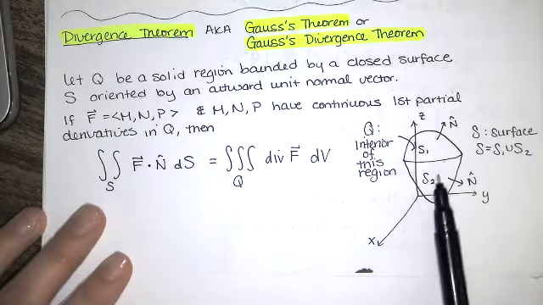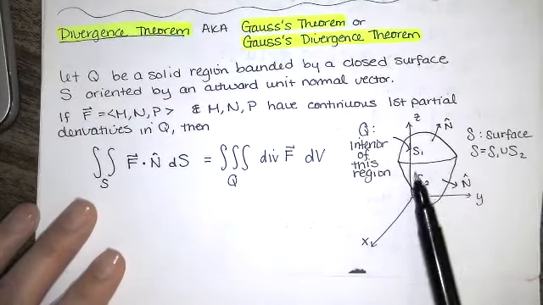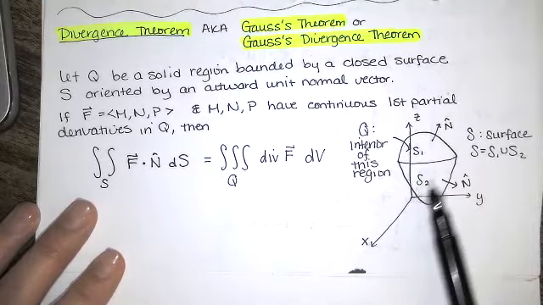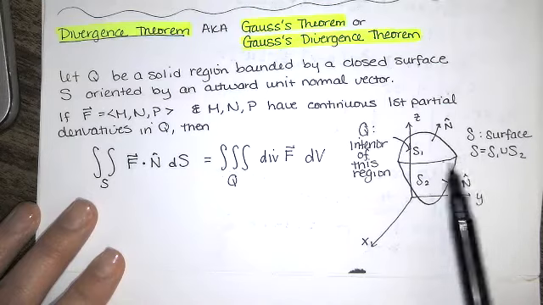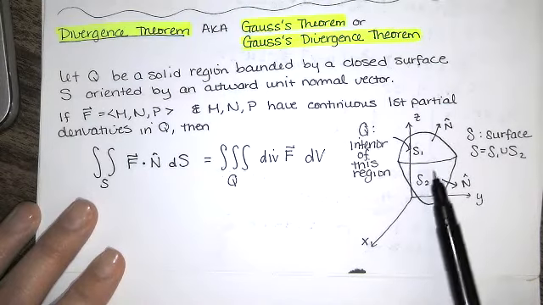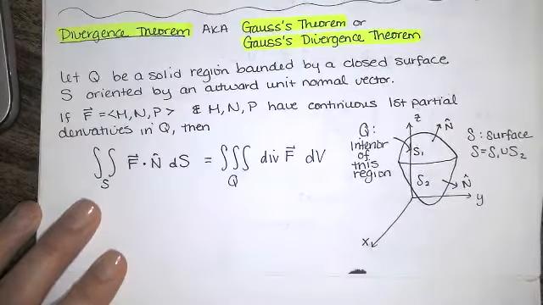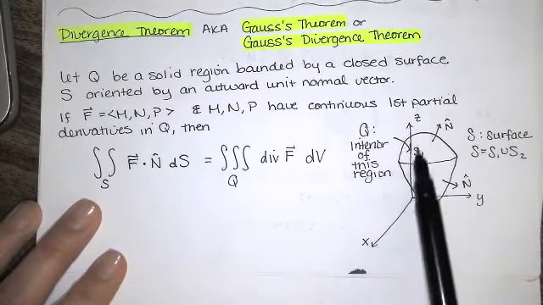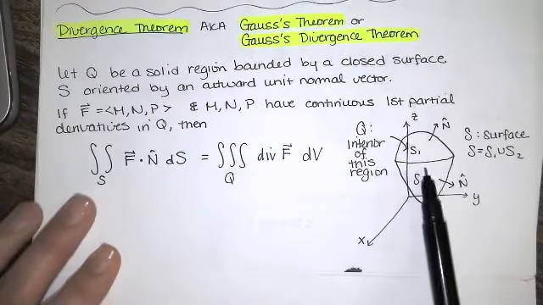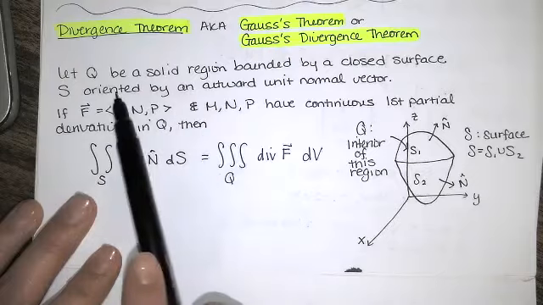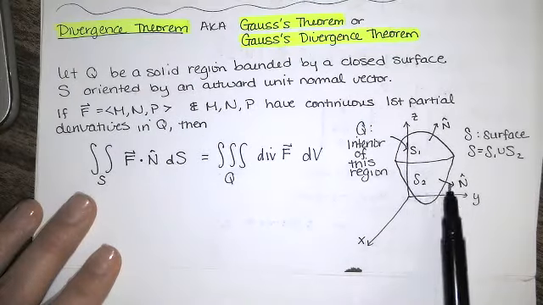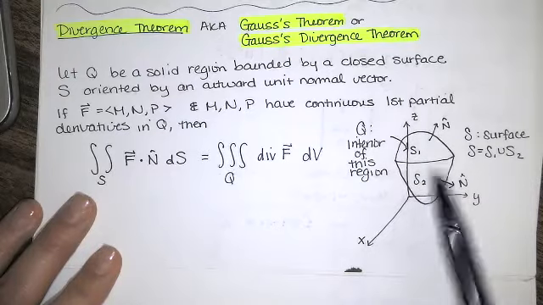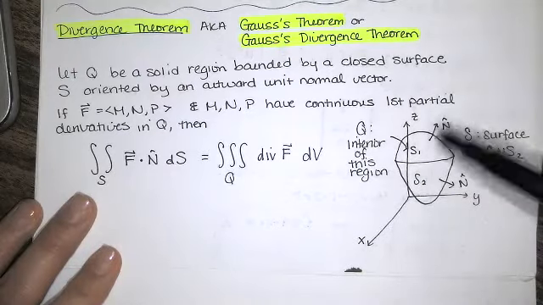So I've got S over here. Maybe the bottom surface is given by S2, the top surface is given by S1, and S is the boundary. It's the union of S1 with S2. Q is the solid region inside, and these are oriented by outward unit normals. So the normal vector on S1 and the normal vector on S2 point out. They don't point into Q, they point out of Q.